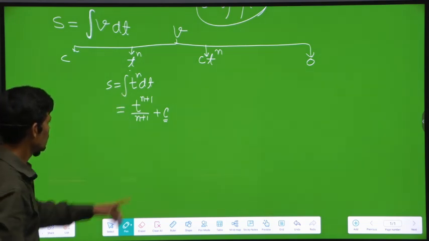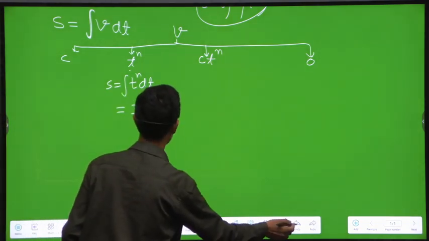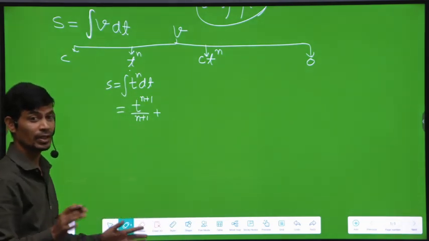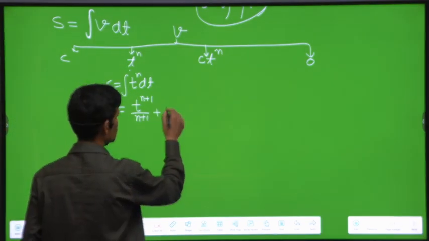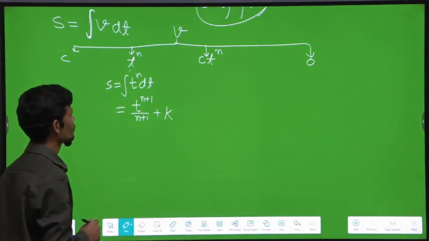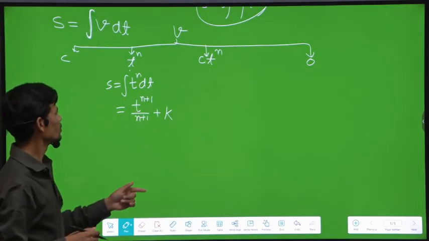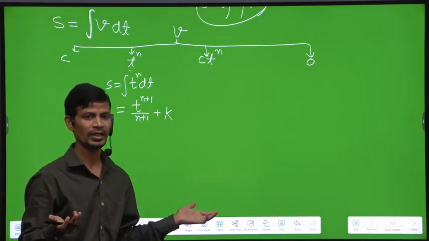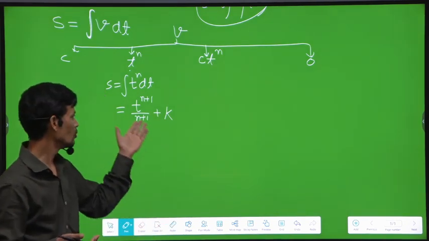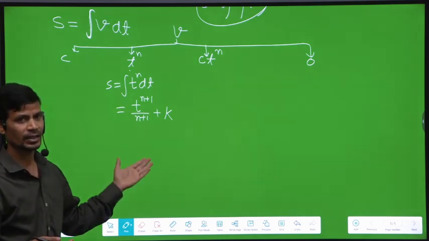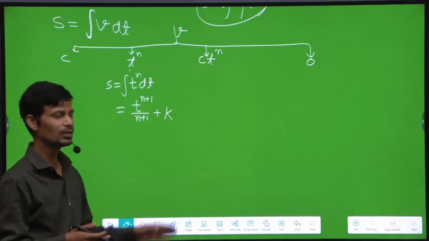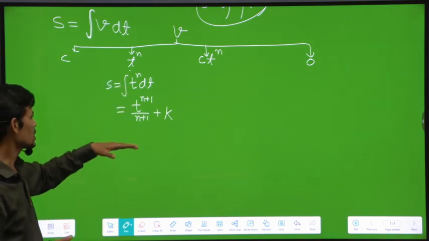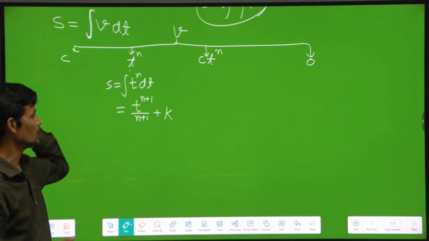That is a constant of integration, I am writing it k. How come this? A whole mathematics is involved here. I can give its derivation in some other video. Here it is just a gift given by mathematics to physics, and we are just going to use it.